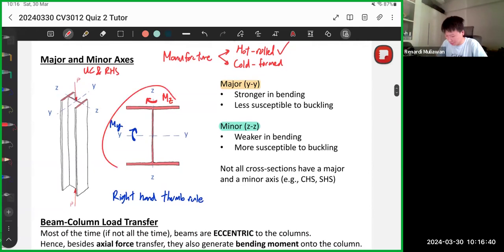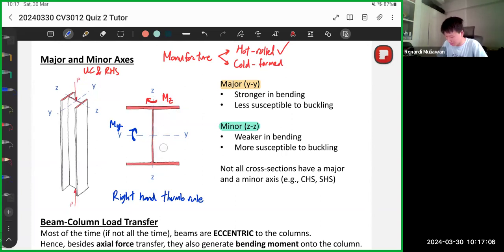If you notice, for I beams, YY is always parallel to the flange. So if the flange is this way, your YY is also this way, because the section is stronger in this direction rather than this direction. So again, how do you know YY is you follow the flange.